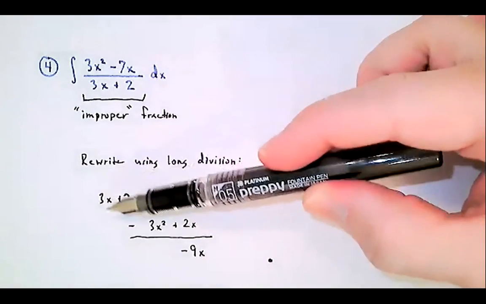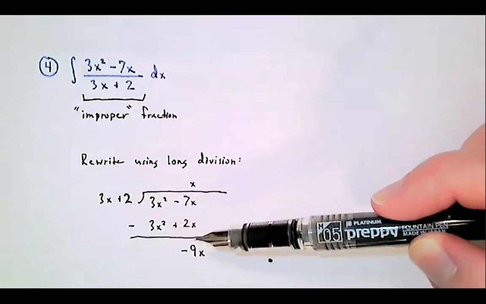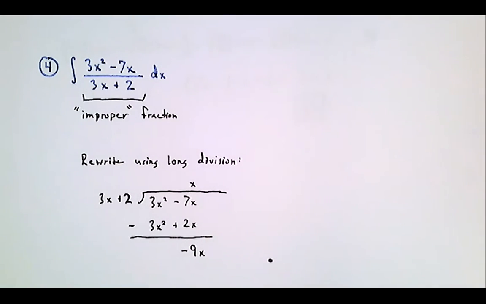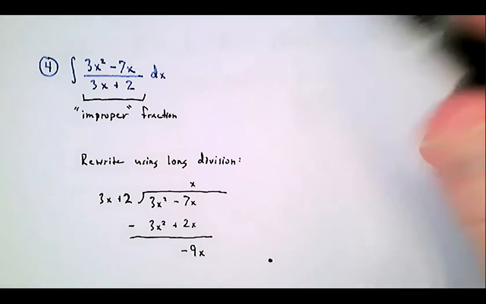So what do we have to multiply 3x by in order to cancel off the minus 9x? Anyone? Minus 3, good.